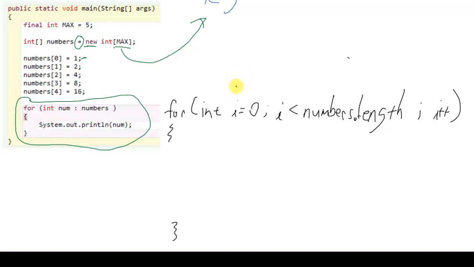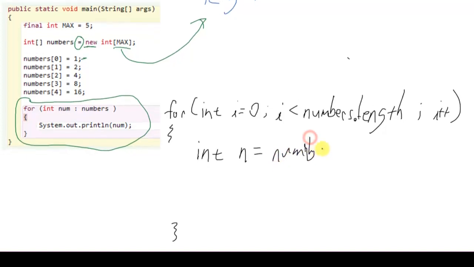What are your options? Think about it a bit, and we'll talk about it in class if we need to. So there's my regular for loop. To do the same thing as in our enhanced for loop, I'm going to create a variable to hold our value here. I'm going to call it n is numbers.